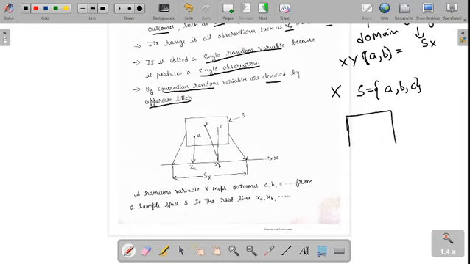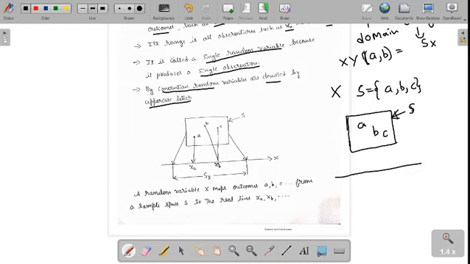Draw a square like this. Inside it, write A, another B, another C. So this is your sample space S. These are the elements of a sample space.